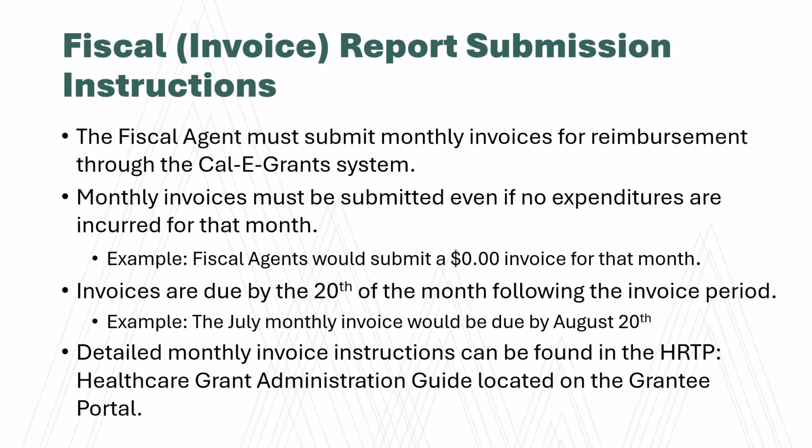Invoices are always due on the 20th of the month following the invoicing period. For example, the July monthly invoice would be due August 20th, and the December monthly invoice would be due January 20th. Directions for submitting monthly invoices via the Cal eGrant system are in the HRTP Healthcare Grant Administration Guide on the Grantee portal.